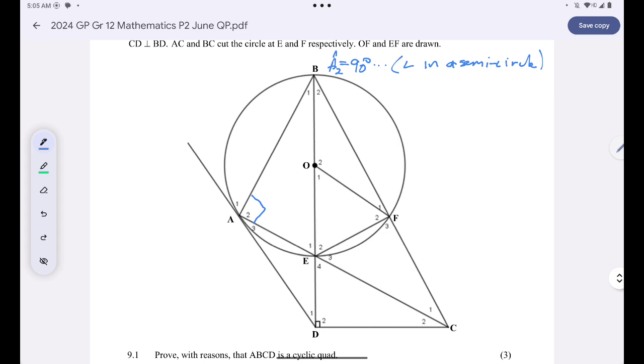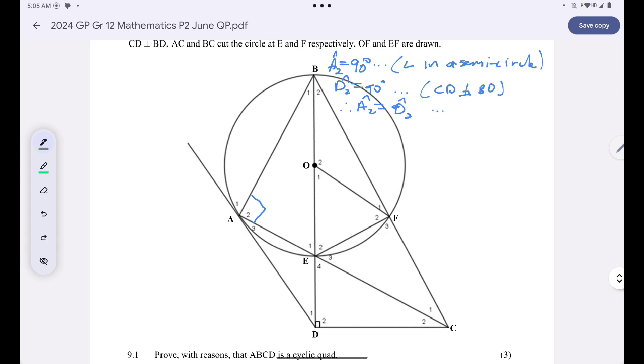But remember that D2 is also equal to 90 degrees. Why am I saying that? Because I was told that CD is perpendicular to BD. So I can therefore conclude that angle A2 is the same as angle D2.